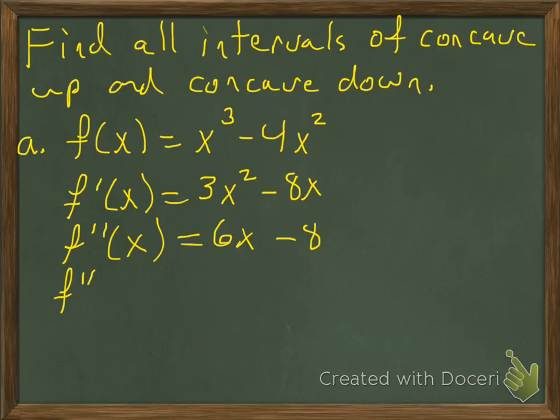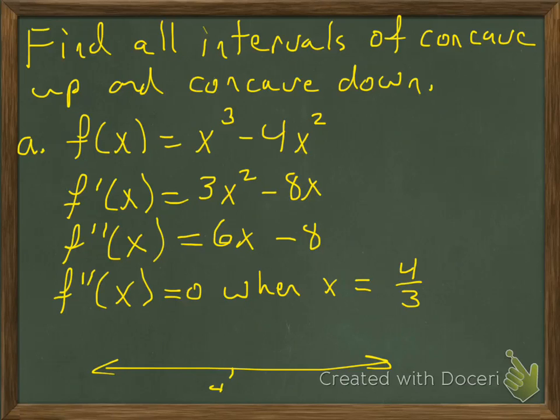And then we're interested in when the second derivative is equal to 0, because that's when we may have some change in concavity. And if we solve that, x will be equal to 4/3, and then we can make ourselves a little number line just to test around 4/3. So f double prime of, for instance, 0 is going to give us -8, so we'll have concave down.